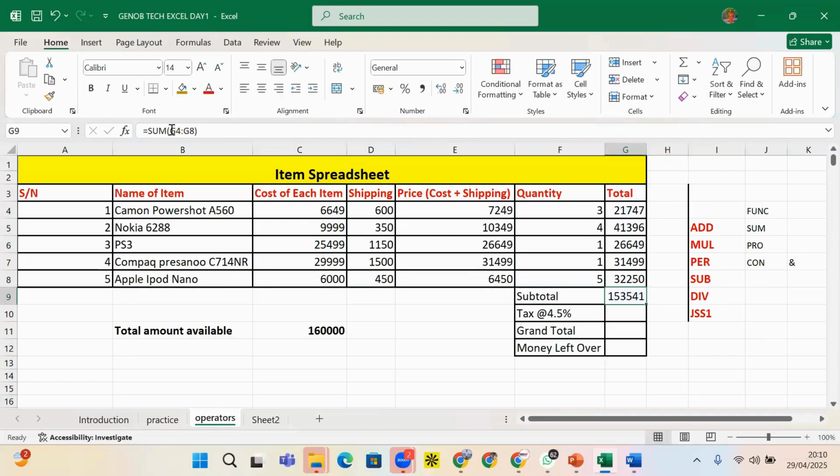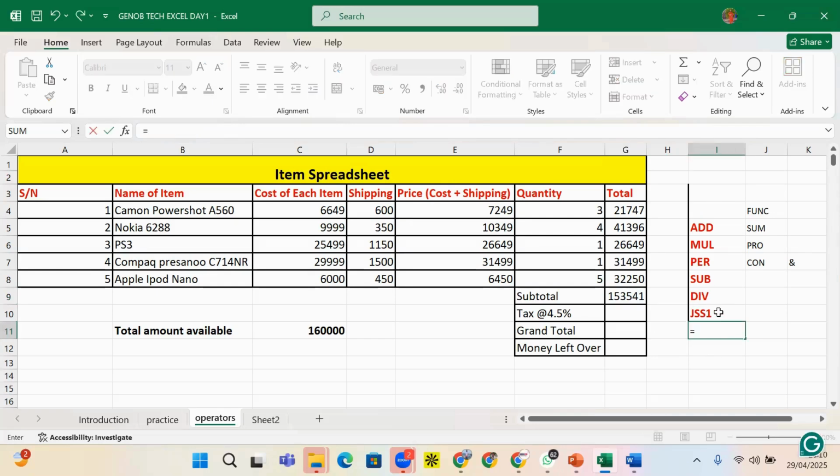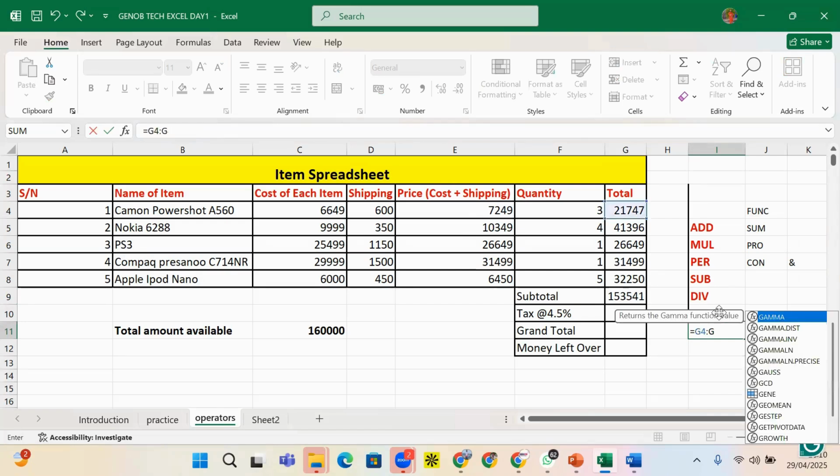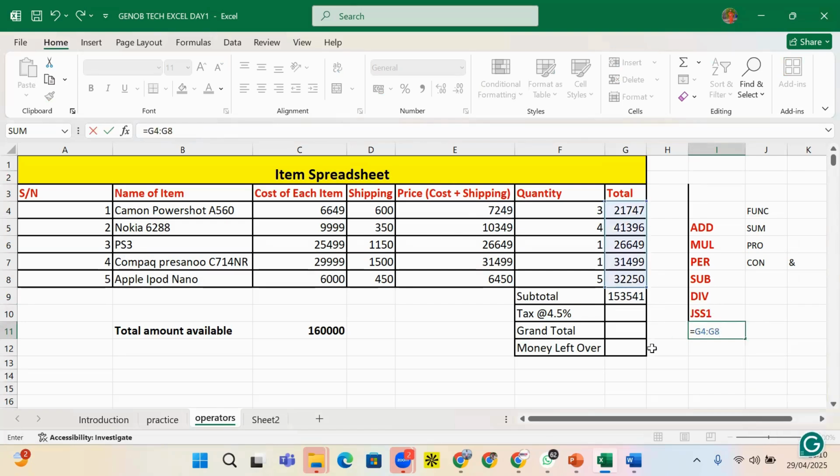Here we use a function. Function and ranges help a lot. But as I said, we cannot just say equal to G4 colon G8. Excel will ask you, what is he trying to do? Are you trying to perform addition? Are you trying to perform multiplication?